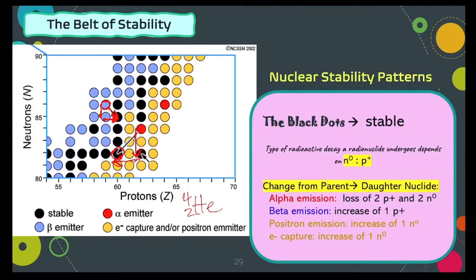Notice the yellow circles are moving diagonally up and to the left, and that shows that the number of protons decreases by 1, and the number of neutrons also increases by 1 by this change in position.